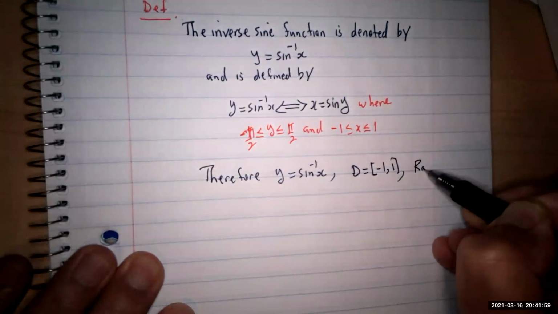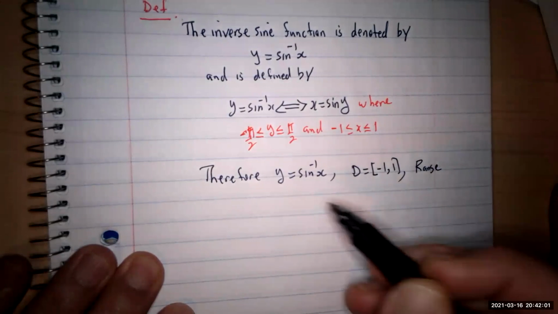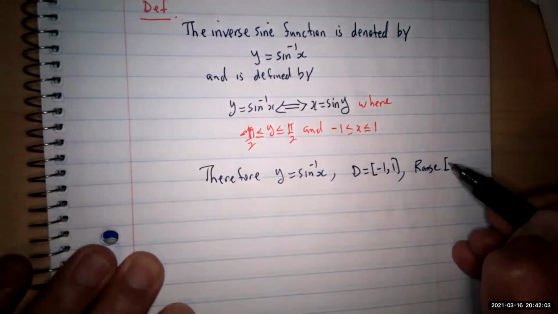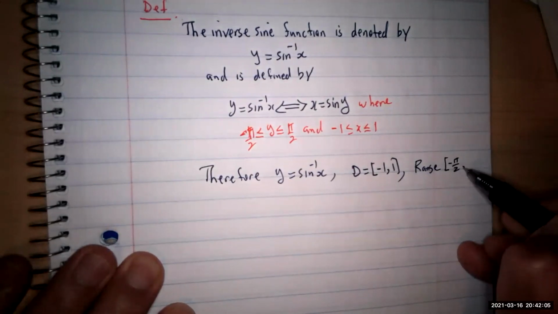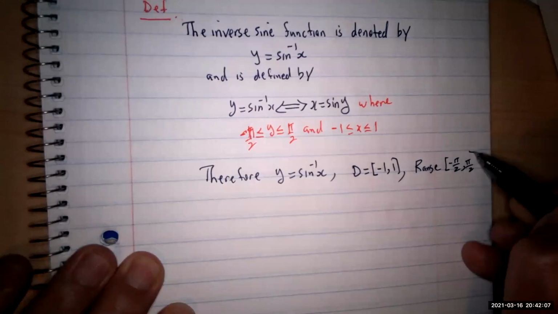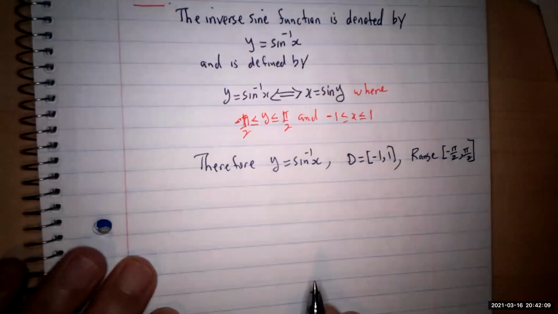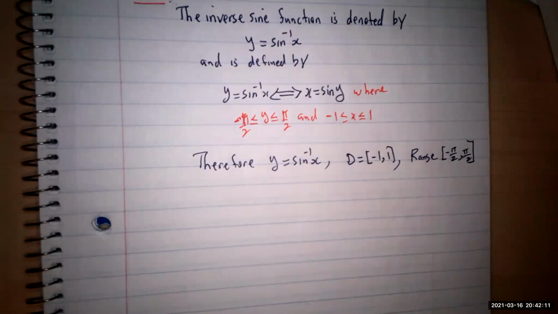The range of this function is between -pi/2 and pi/2. That is going to be the information that we are going to have.